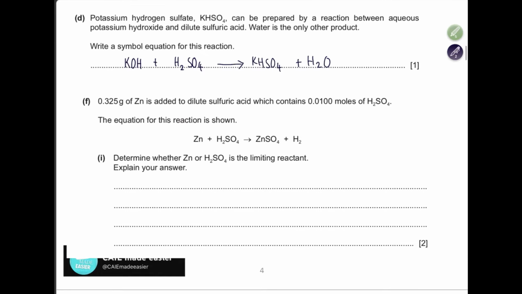Letter F. 0.325 gram of zinc is added to a dilute sulfuric acid which contains 0.1 mole of sulfuric acid. The equation for the reaction is shown, and determine whether zinc or sulfuric acid is the limiting reagent. So we need to find the moles of sulfuric acid that react when this much zinc reacts, and we have to compare: does this produce more than 0.1 or not?